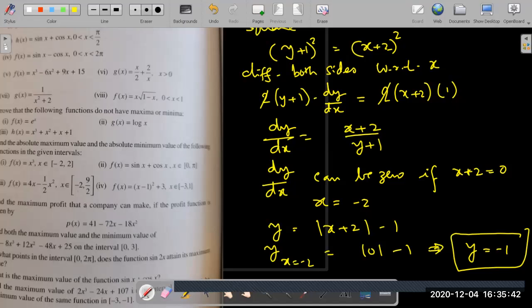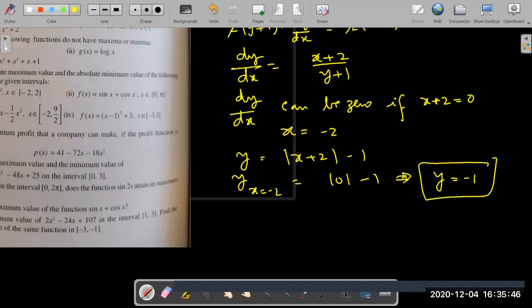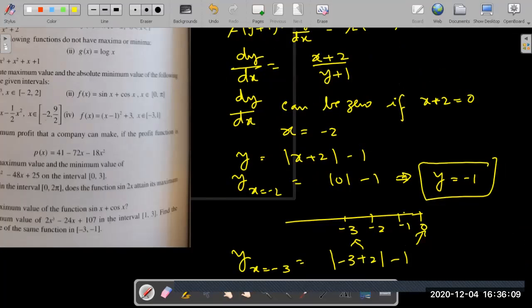We need to see on both sides, right? So let's say we have minus 2, and you have another value minus 3, and you can have minus 1 or 0. So let's check at minus 3 and 0 what the value is. y at x equal to minus 3 equals minus 3 plus 2 minus 1.